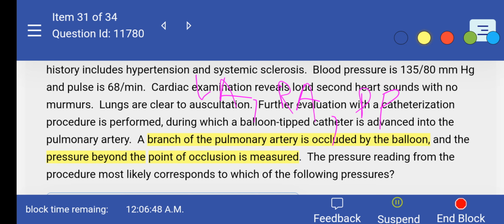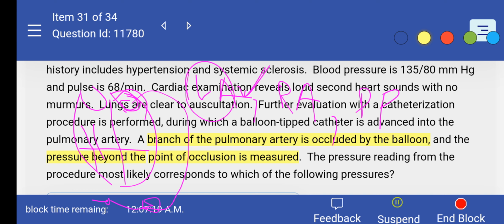So the correct answer for this, the one I have opted for, is left atrial pressure. Because let's say if this is the heart, over here, they are moving from here over here, then they will go to the pulmonary artery. Then we know the pressure from here till the left atrium is the same.